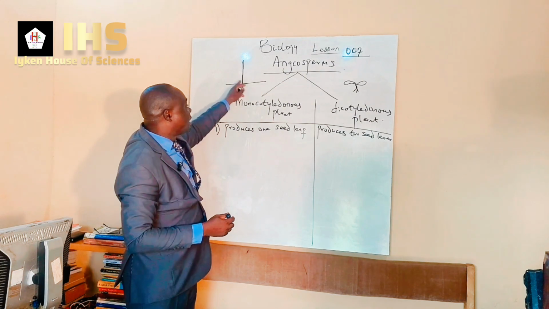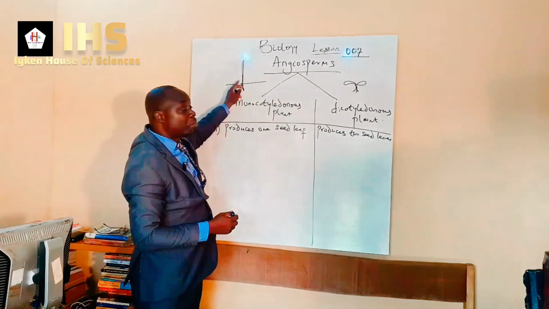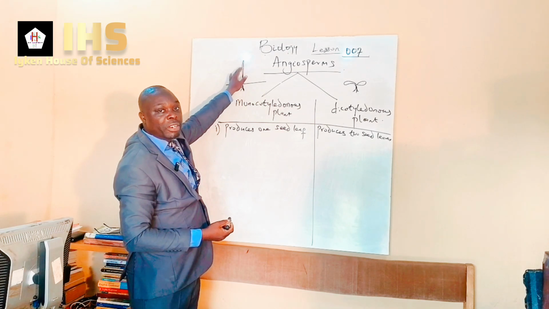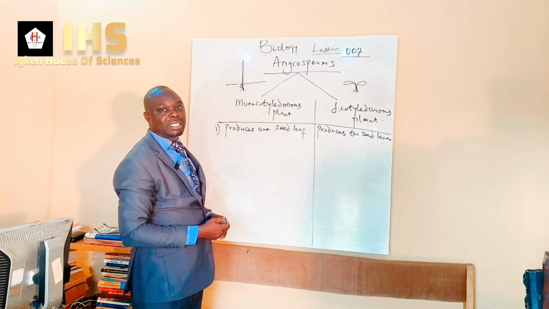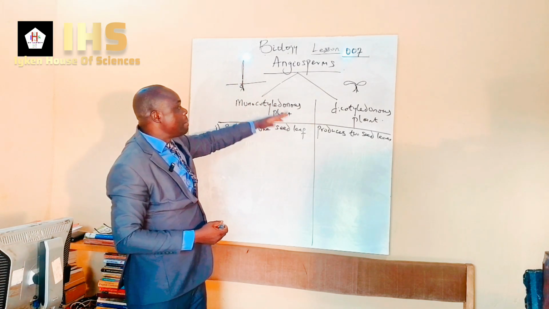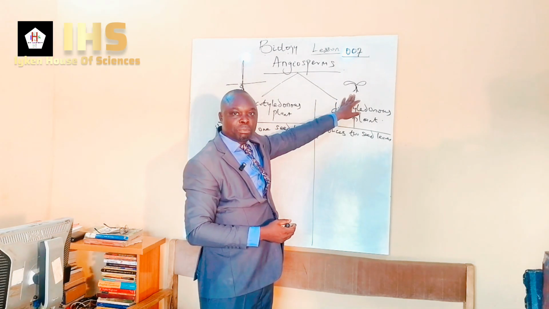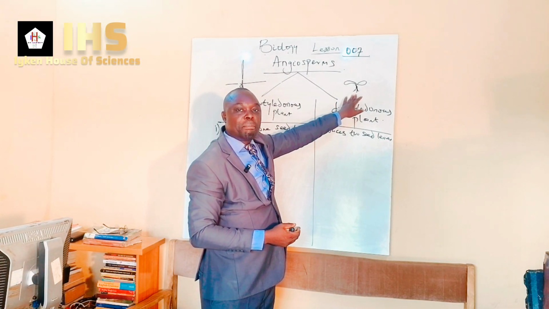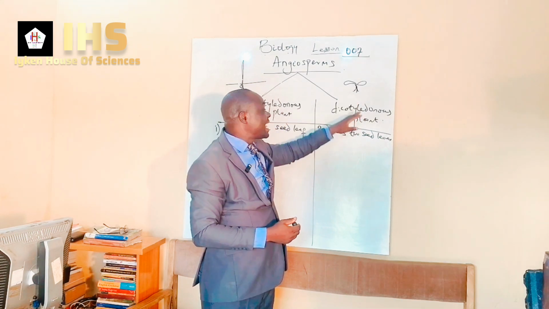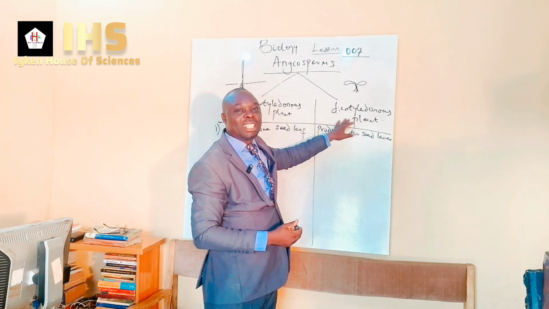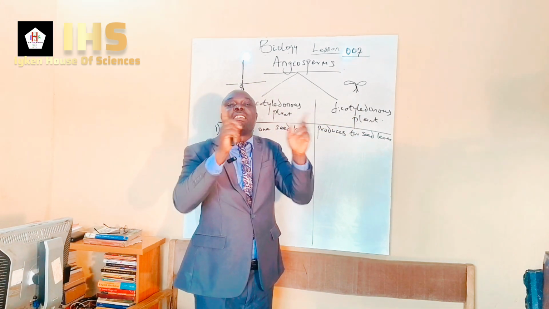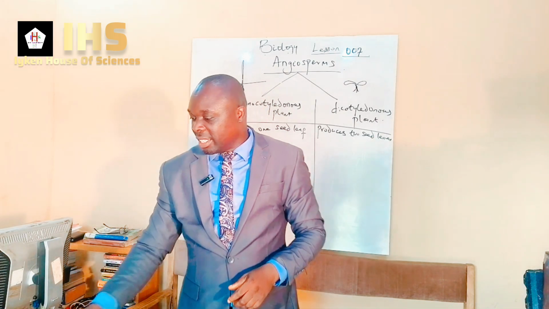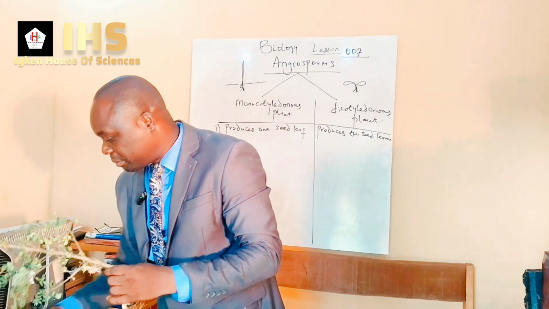Those that germinate like this are called monocot plants. Examples here, we know millet, rice, maize. But for groundnut, mango, cashew, cowpea, beans, they are dicots, because when they germinate, they produce two seed leaves.